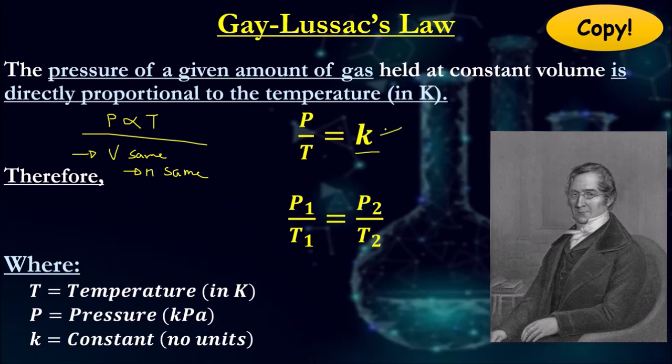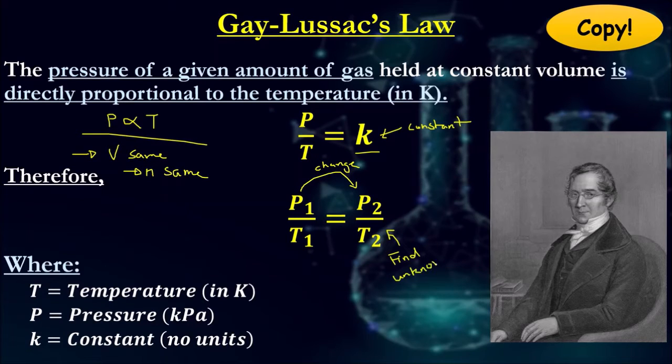K is still constant, so there are no units. Because it is a constant, if you change the pressure from system 1 into the second system, so if we see a change in this, then we can do a calculation to find the new temperature of the system.